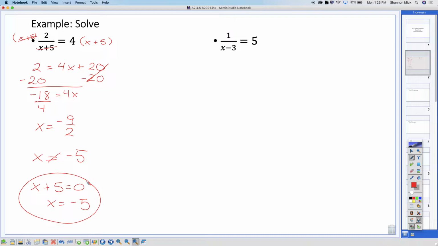So my answer is x equals negative 9 halves, and x cannot equal negative 5. We don't have a range of things that it equals here, but you always need to be aware, when you have a rational expression or a function, what x cannot be.